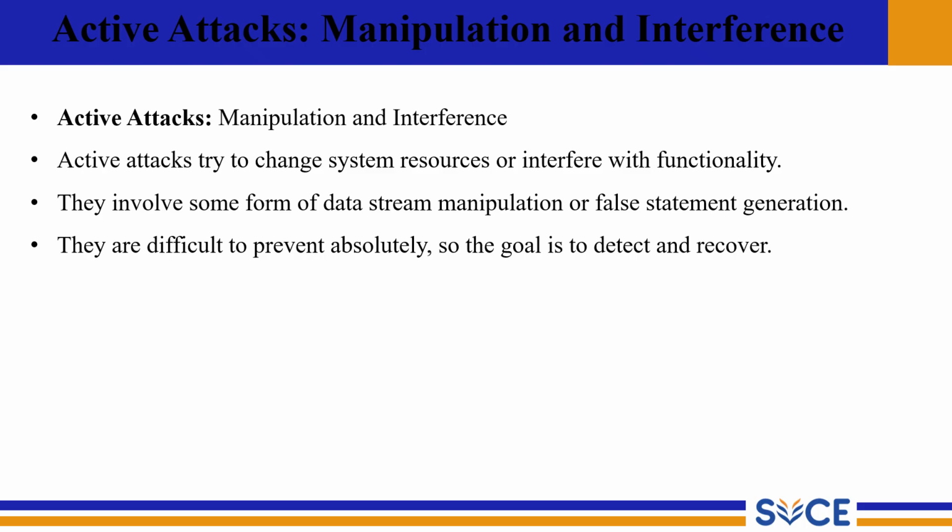Active attacks are difficult to prevent absolutely because prevention would require physical protection of all communication facilities at all times. Therefore, the security goal for active attacks is to detect them and to recover from the disruption or delays caused.